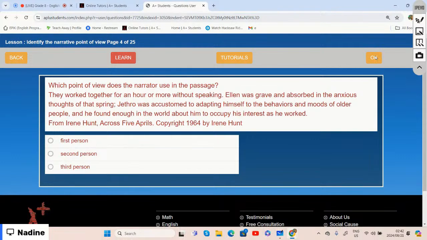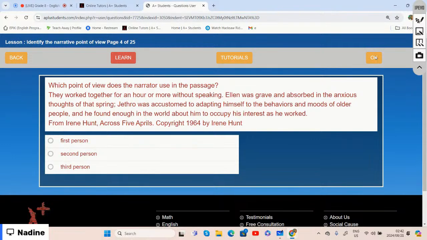If I read that again, they say they worked together for an hour or more without speaking. Ellen was grave and absorbed in the anxious thoughts of that spring. Jethro was accustomed to adapting himself to the behaviors and moods of older people, and he found enough in the world about him to occupy his interest as he worked.